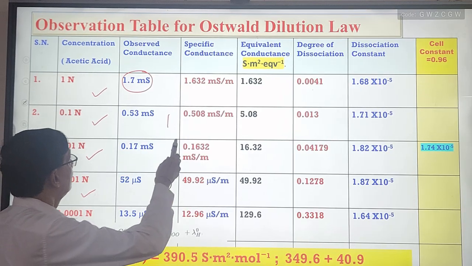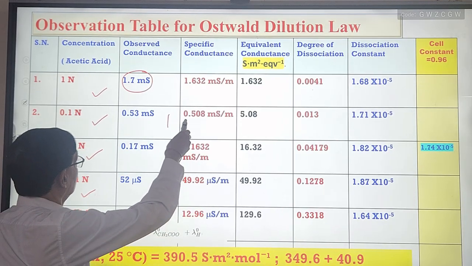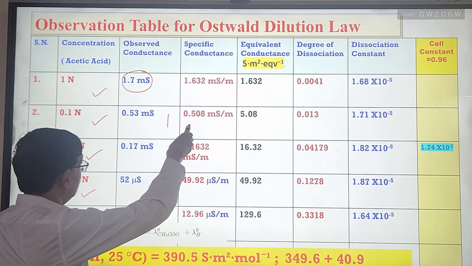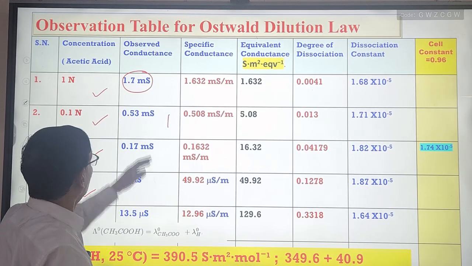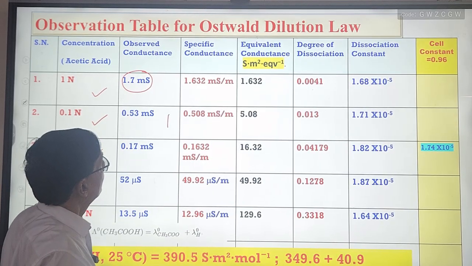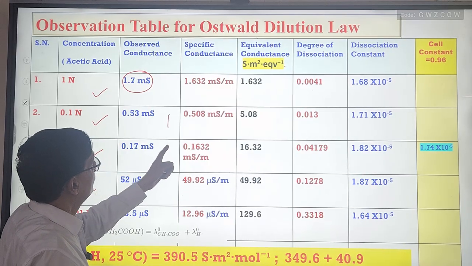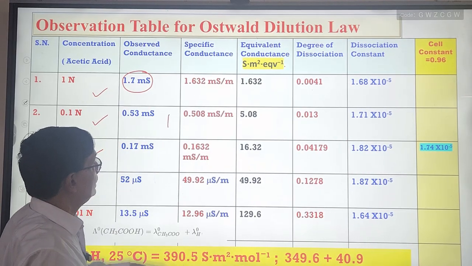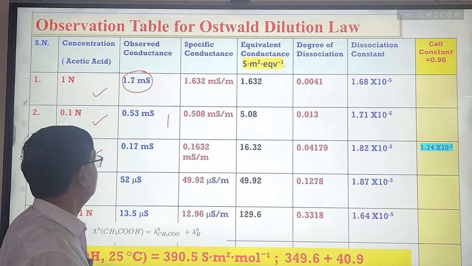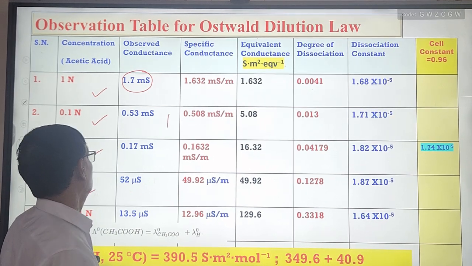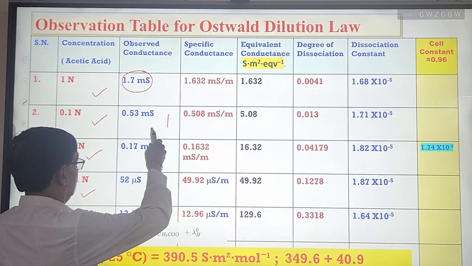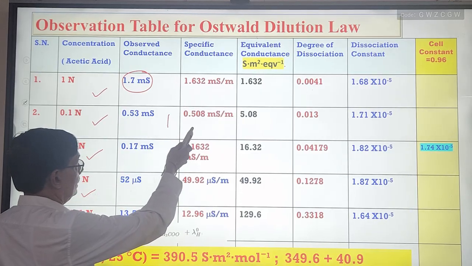Similarly, we measure the observed conductance and it is multiplied with the cell constant, which is 0.96. So you see a slight change here.